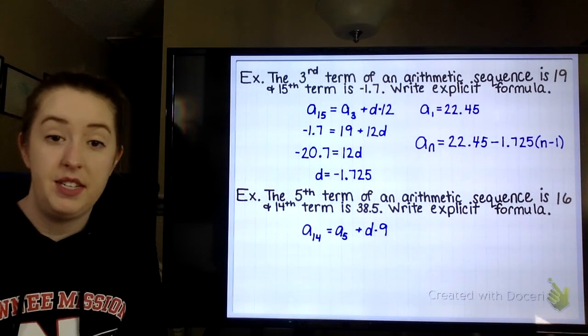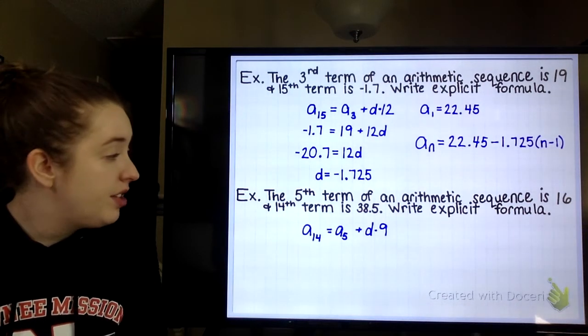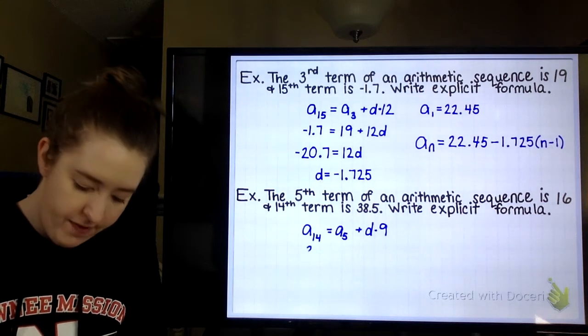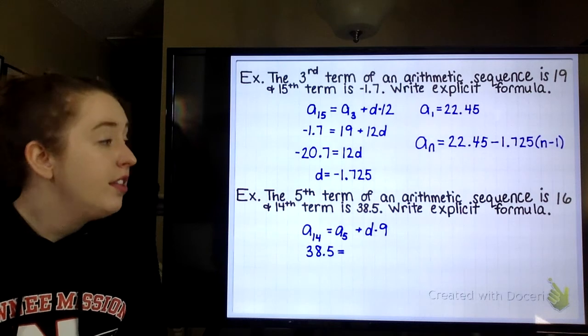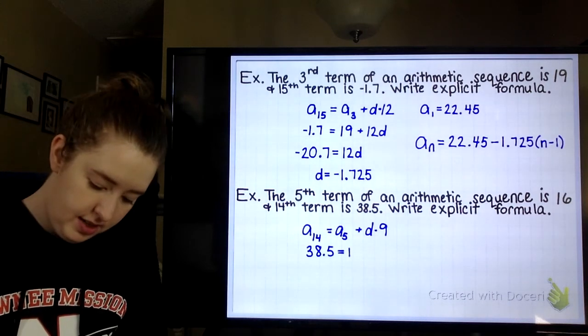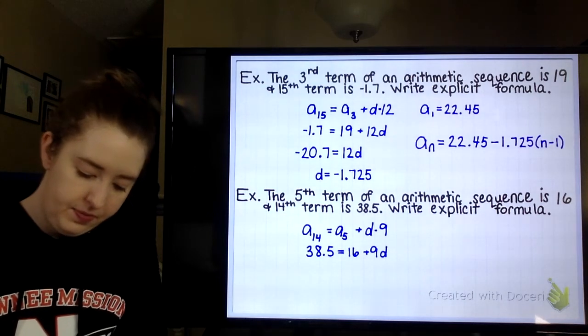So I need d times 9 there. Then we'll plug in what we know. The 14th term was 38.5 equals, the fifth term was 16 plus 9d.